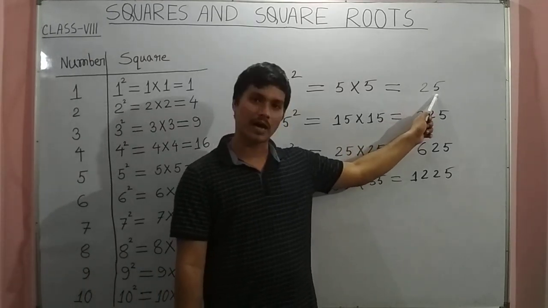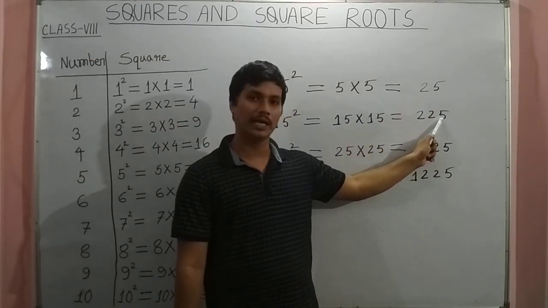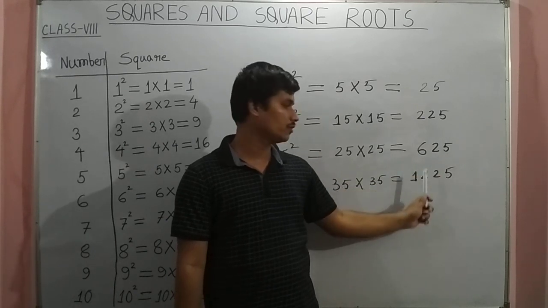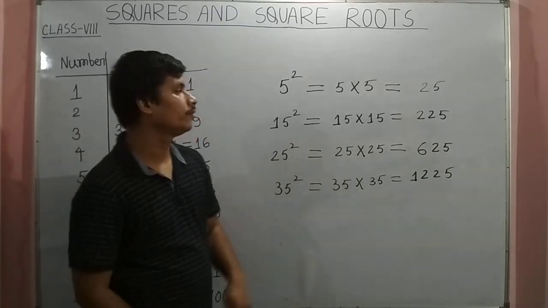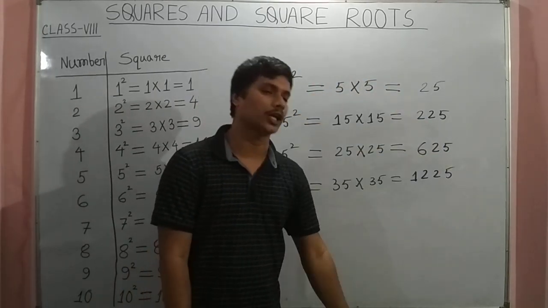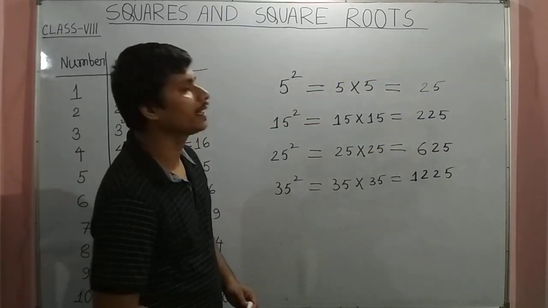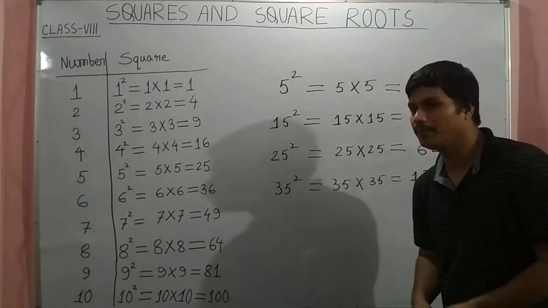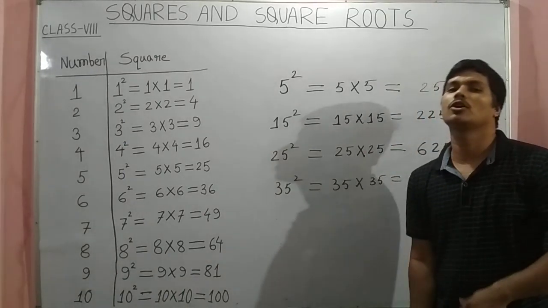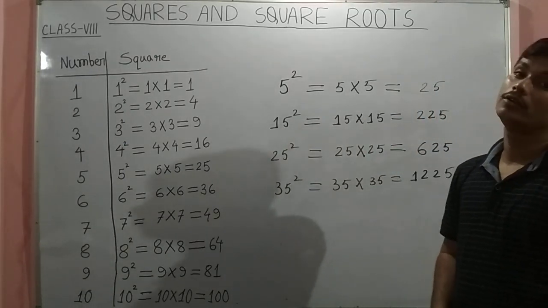In 25 it is 5, in 225 it is 5, in 625 it is 5, in 1225 the units place is 5. So from this we got that if a number ends with 5, then its square also ends with 5.